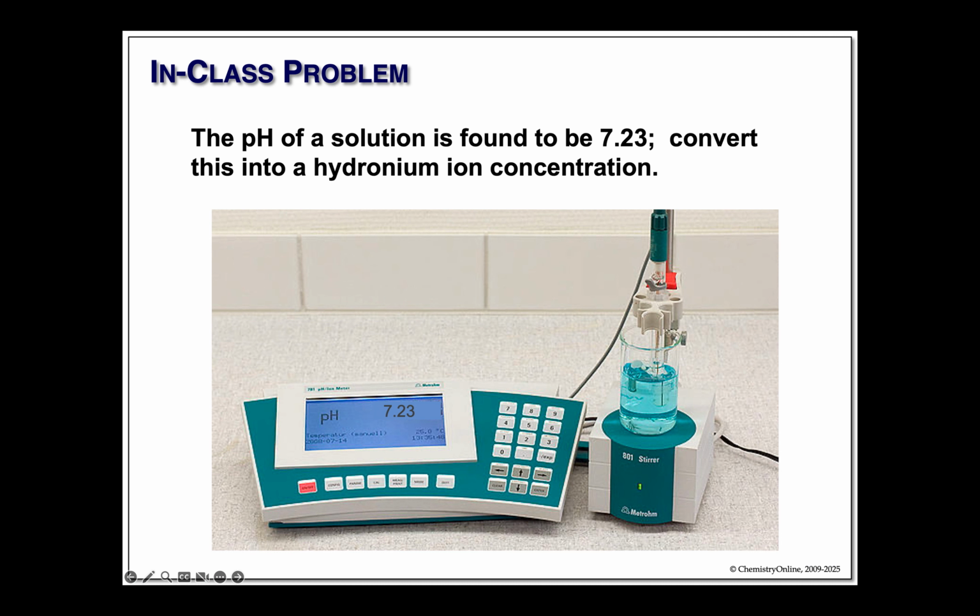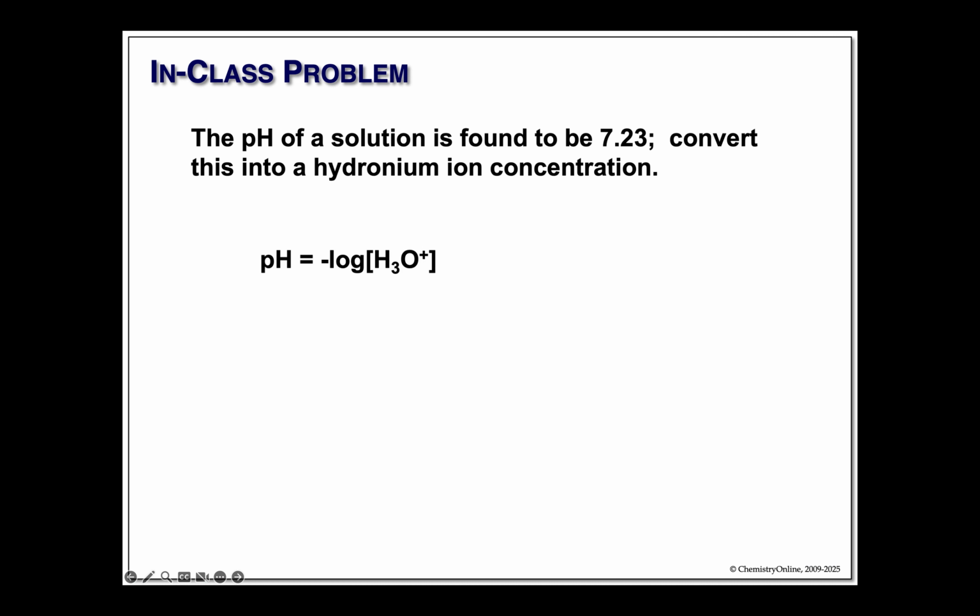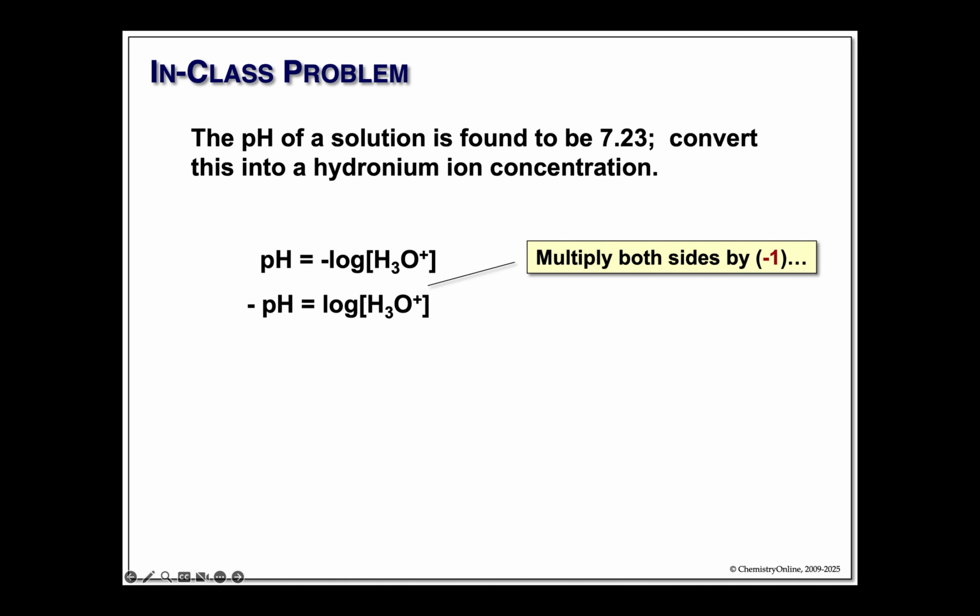Well, we know that pH is minus log hydronium, right? Having a negative sign there is a little bit bothersome. Let's just multiply this whole equation by -1 to get the negative to this side. So minus pH is log hydronium.